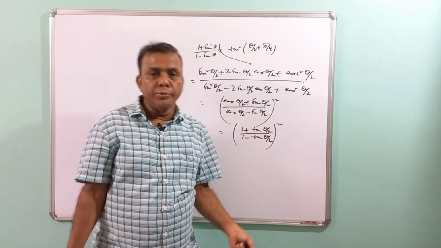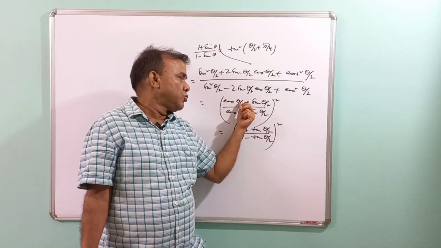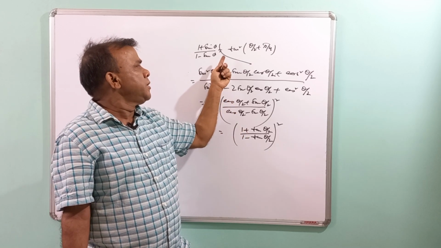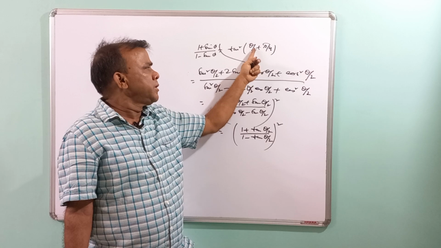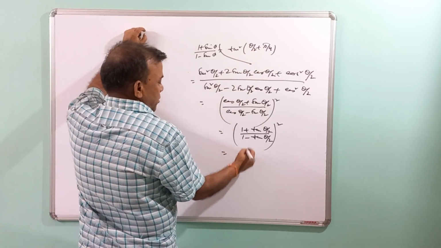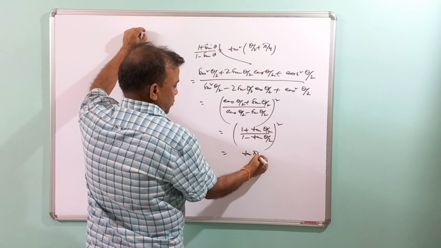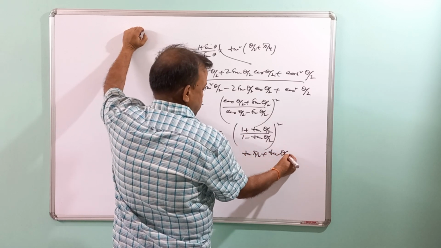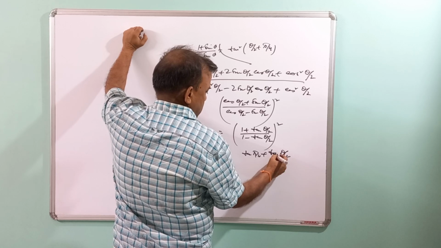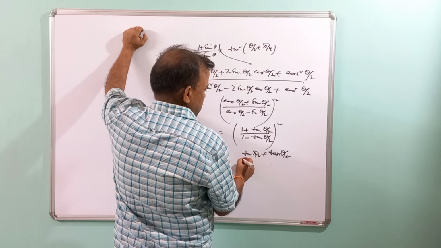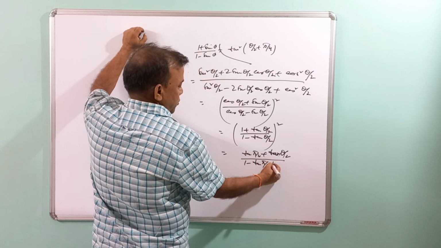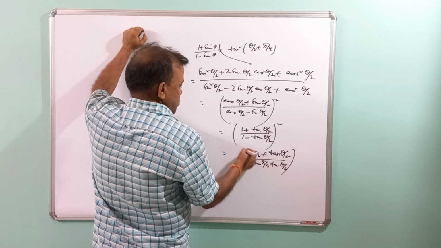Dividing numerator and denominator by cos theta by 2, the result will be tan square of theta by 2 plus pi by 4 here. 1 means tan pi by 4, plus tan theta by 2, divided by 1 minus tan pi by 4 times tan theta by 2, whole square.